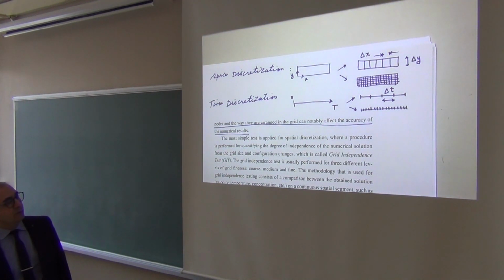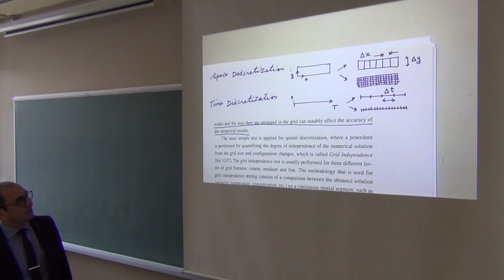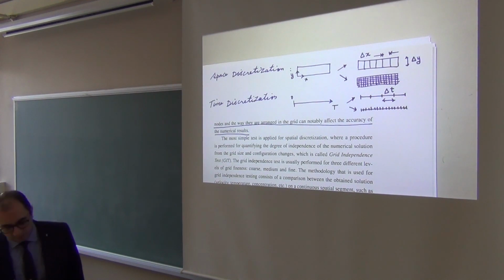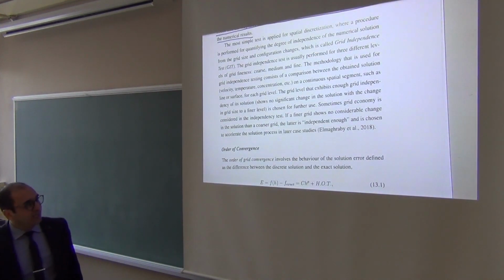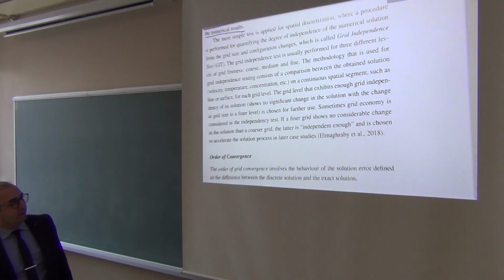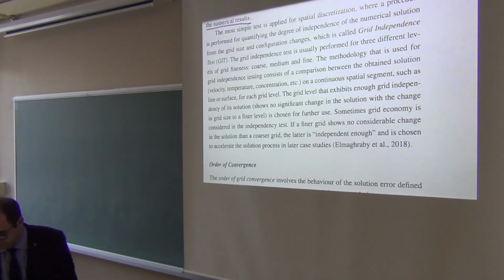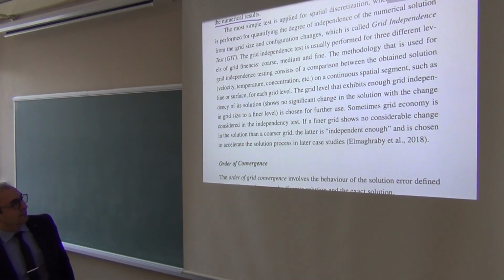So I'm showing you 2 different ways of discretizing the space and time domains. How would you assess a solution then run on any given grid? So now we're going to tell you how to do that.